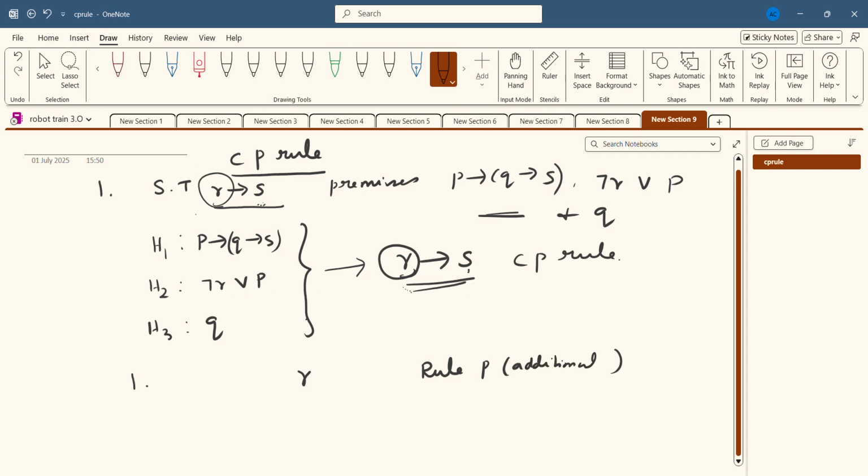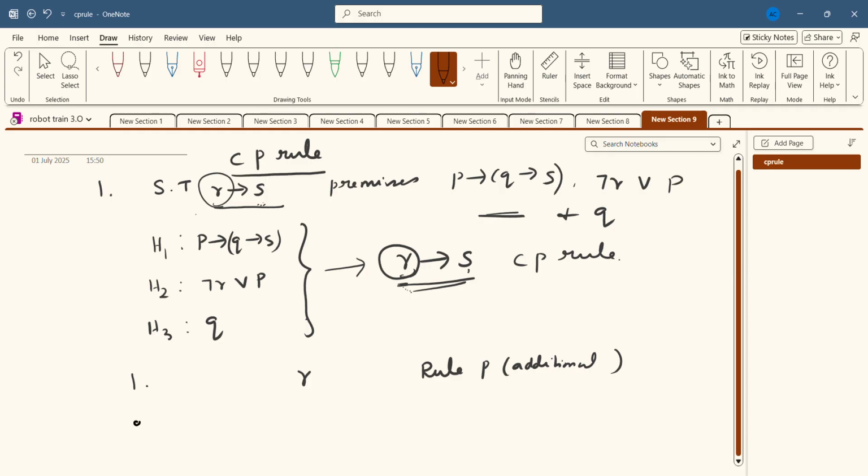Using CP rule, if the conclusion is a conditional statement, then you can take R as the additional premise, derive S using the rules of inference along with the premises, and finally write R conditional S, isn't it?